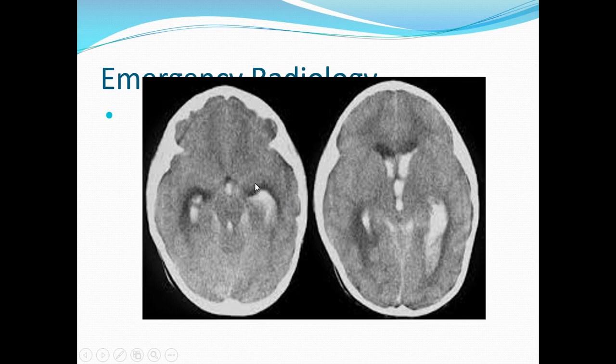What is pooling of water? It means the CSF pressure is rising and more and more CSF is accumulating. It will cause what is called hydrocephalus. So the complication is occurring.